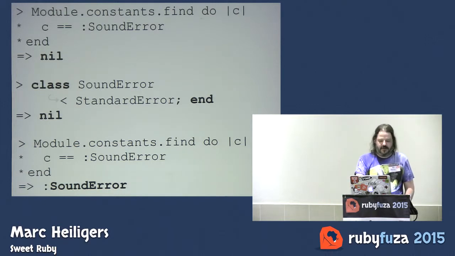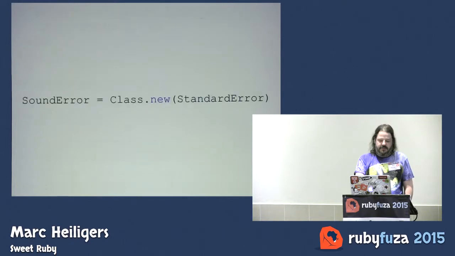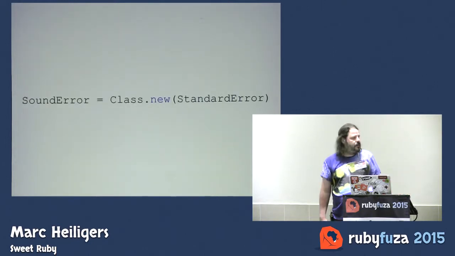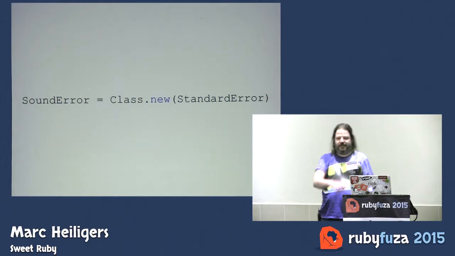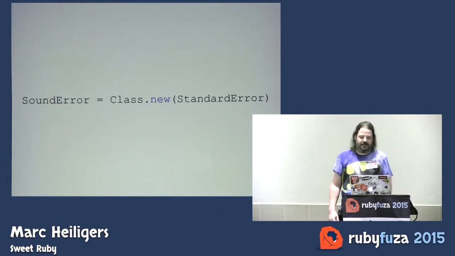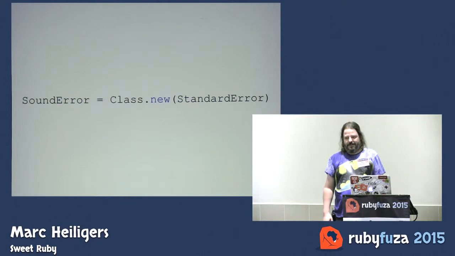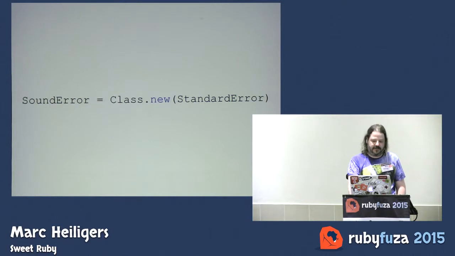So now we have a sound error class. And that's basically what we're doing over here. And by the way, I prefer this way of defining new standard errors over the other way with semicolons and ugly stuff in it. This just looks much nicer.